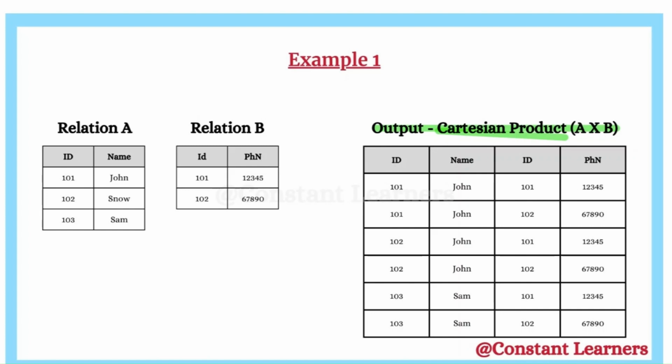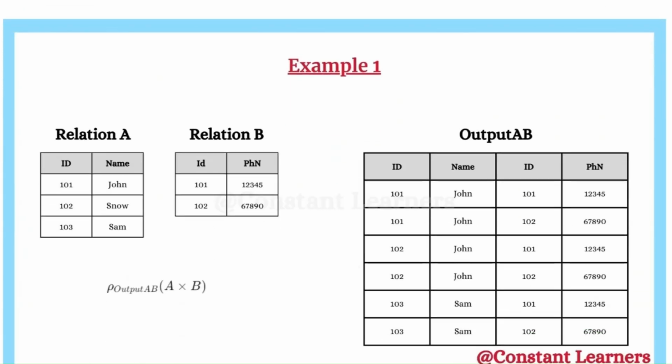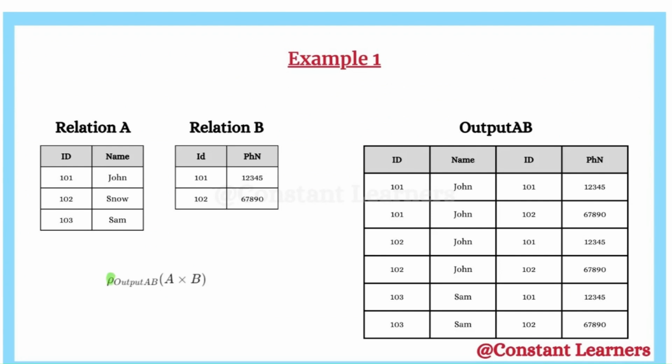So how do we write that? We start with rho, then we write the new name of our table, that is output AB. And inside the bracket, it will be the query, that is A cross B. Because right now there's no old name to our table. The old name of our table is A cross B, the Cartesian product, the query that we have used to create this table.